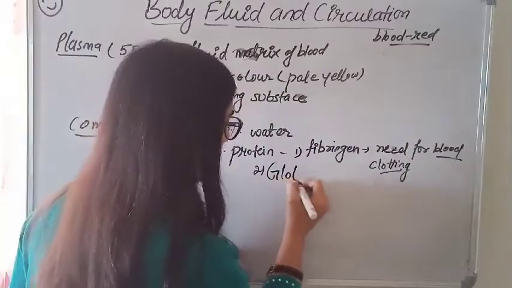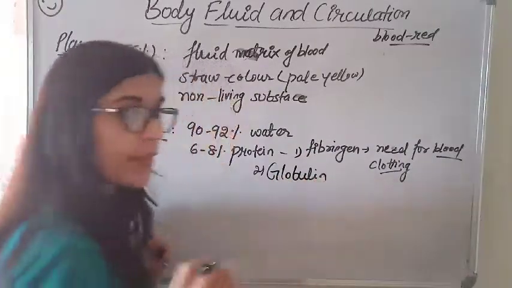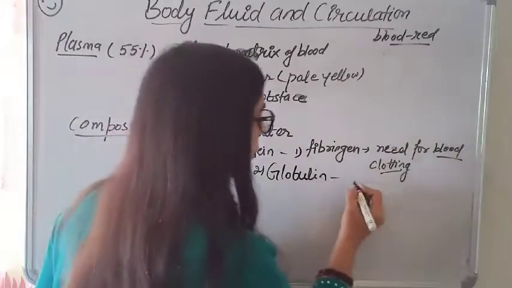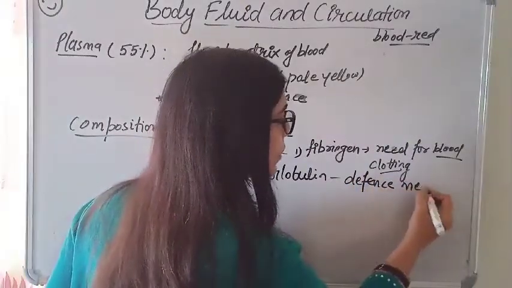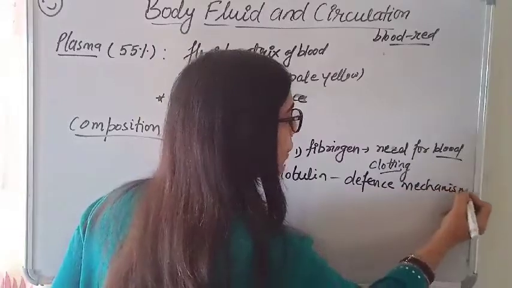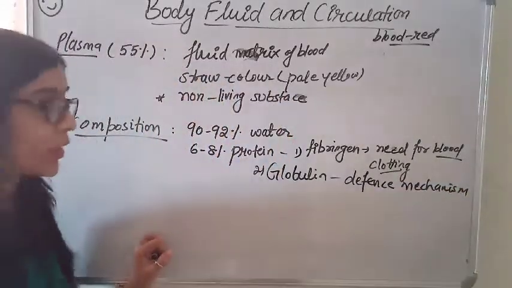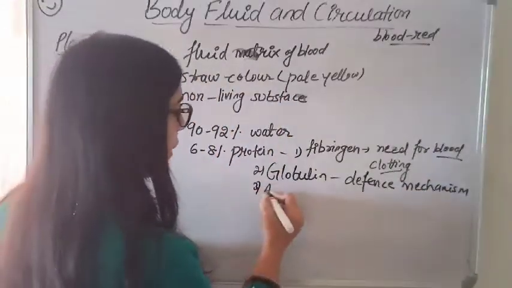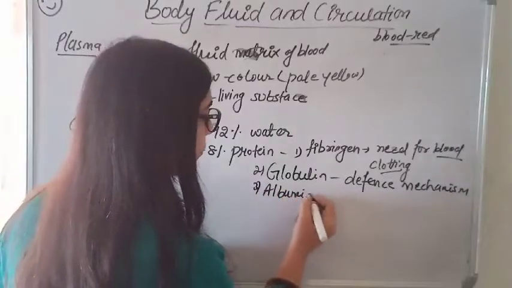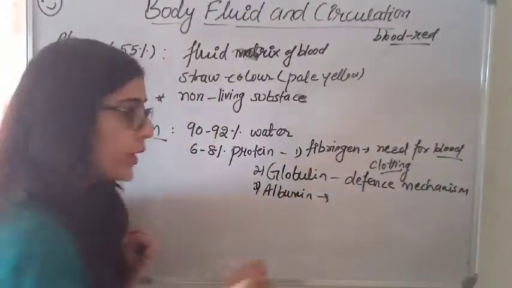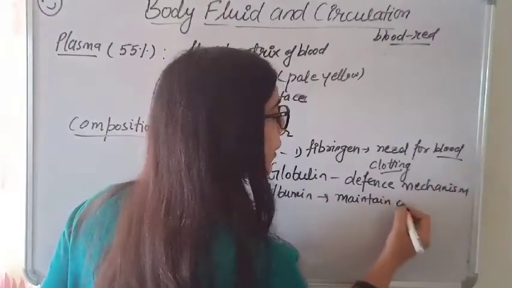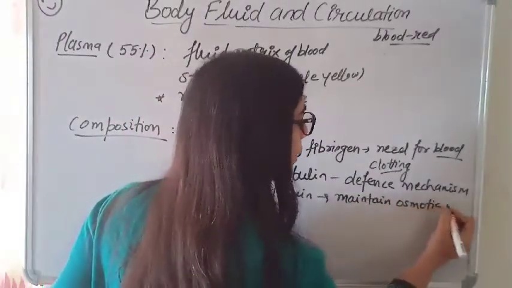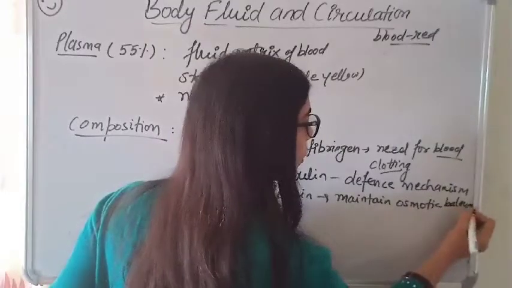Second is globulin. Globulin is also a kind of protein that helps in the defense mechanism of the body. It is part of the defense system of the body. Then albumin. Albumin regulates or maintains the osmotic balance of the body.